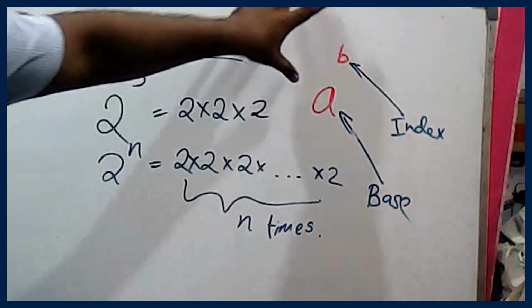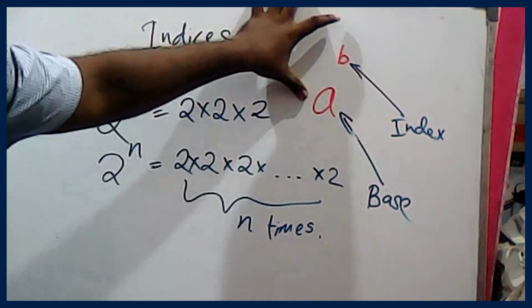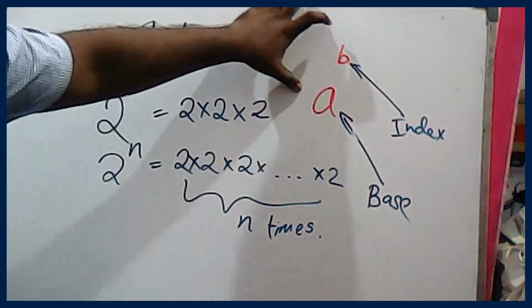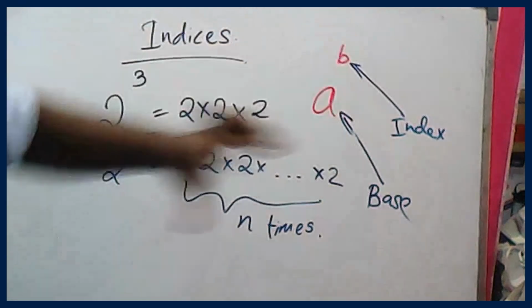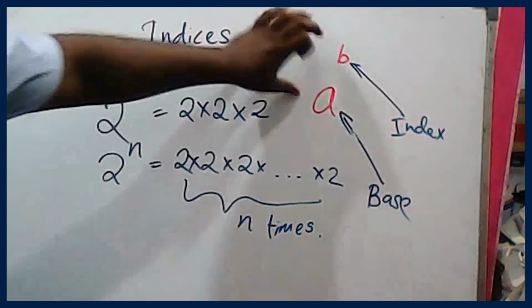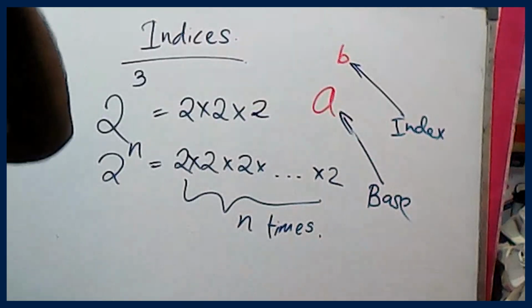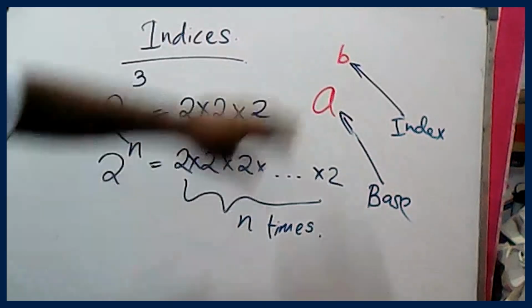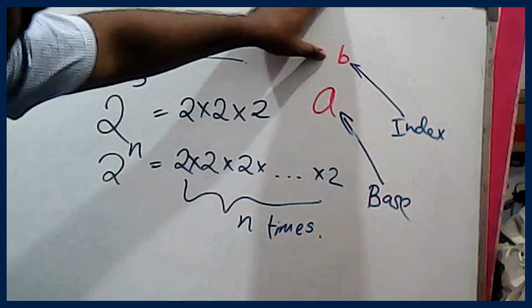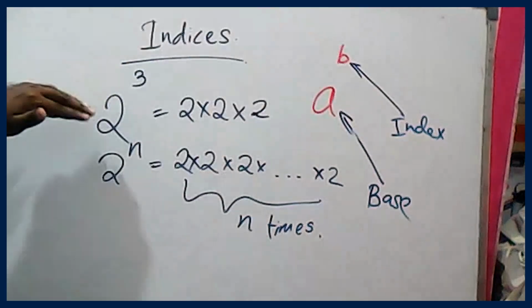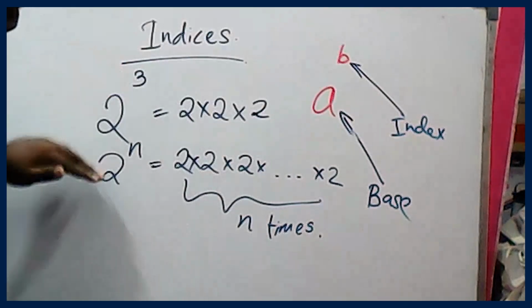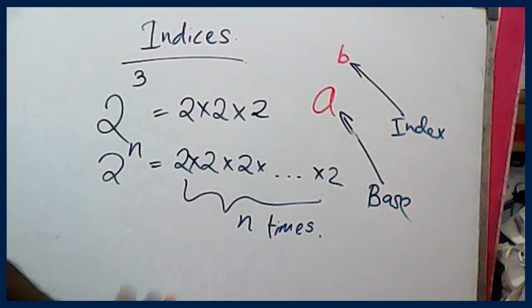That means a has been multiplied b times. That is the idea of a to the power b. When we read it, we say a to the power b, 2 to the power 3, 2 to the power n. That is how we read this.